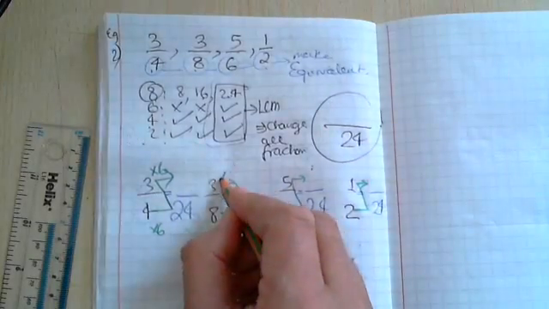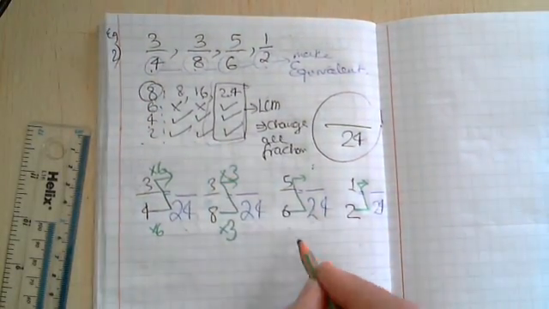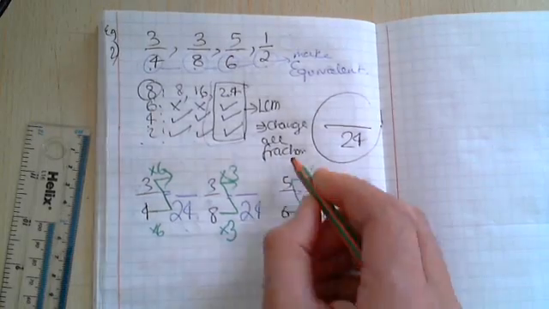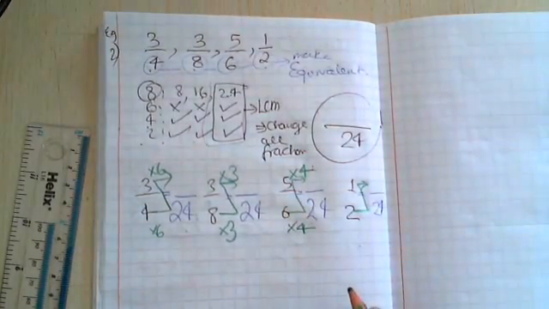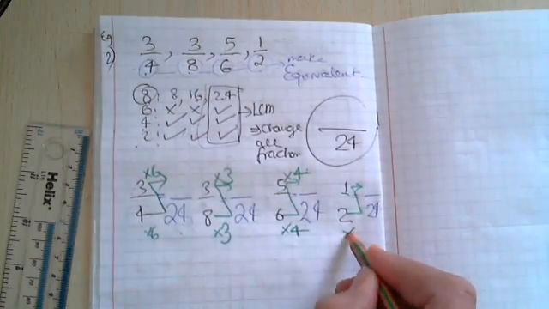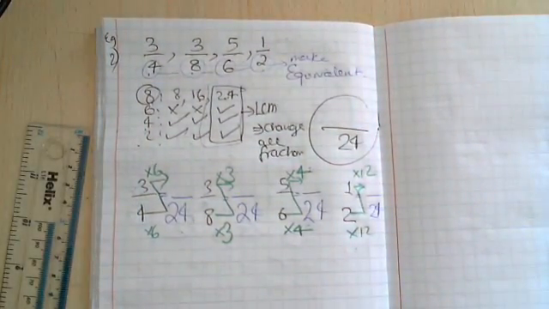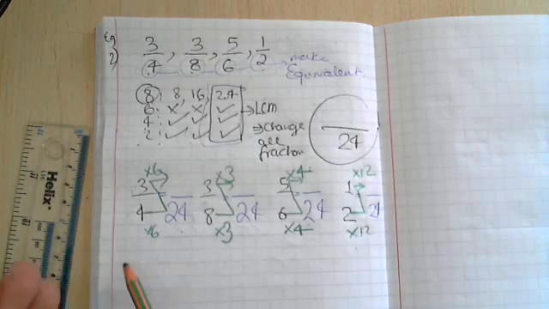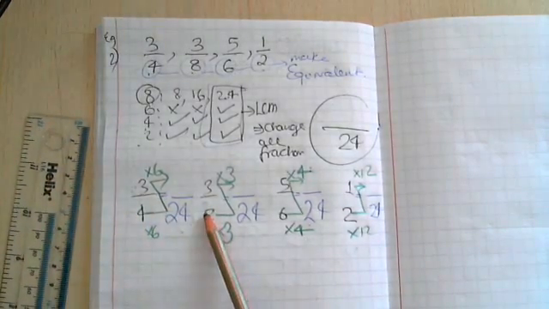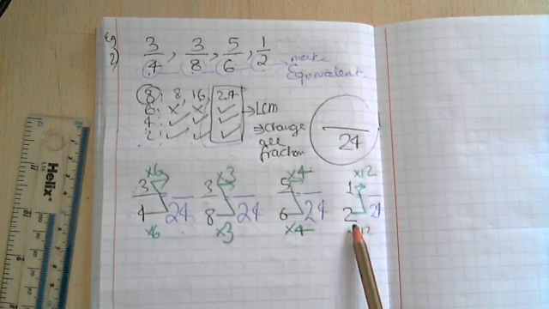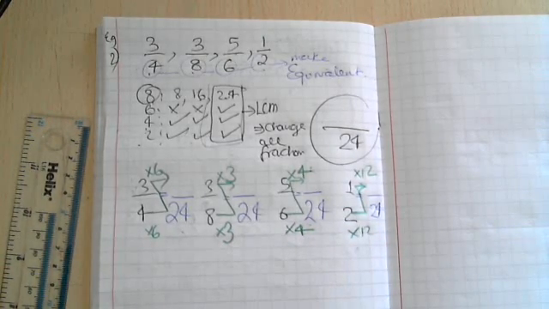If I times the bottom by 3, I have to times the top by 3. 6 to 24, I have to times that by 4, and the top also by 4. 2 to 24, I have to times the bottom by 12, and then the top by 12. That's what we're doing. We are now changing each fraction. We're changing quarters into 24s, eighths into 24s, sixths into 24s, and halves into 24s. Once we change into 24s, we can then compare them.